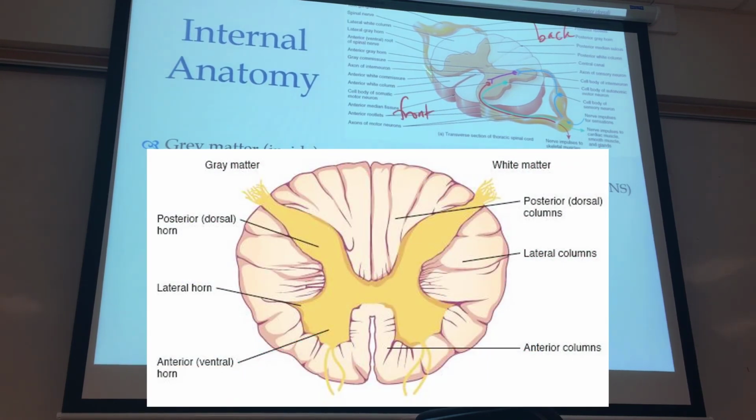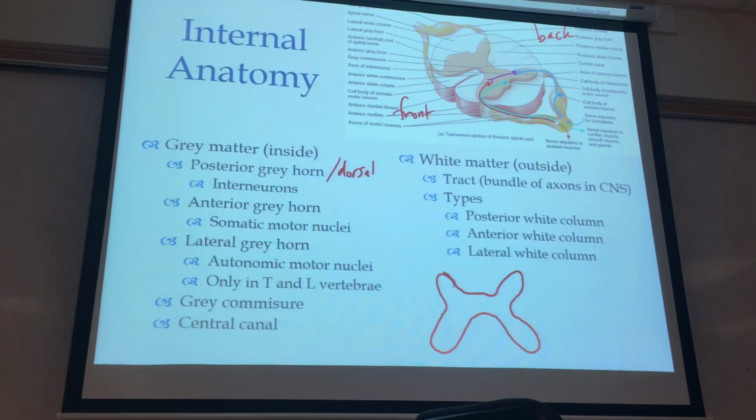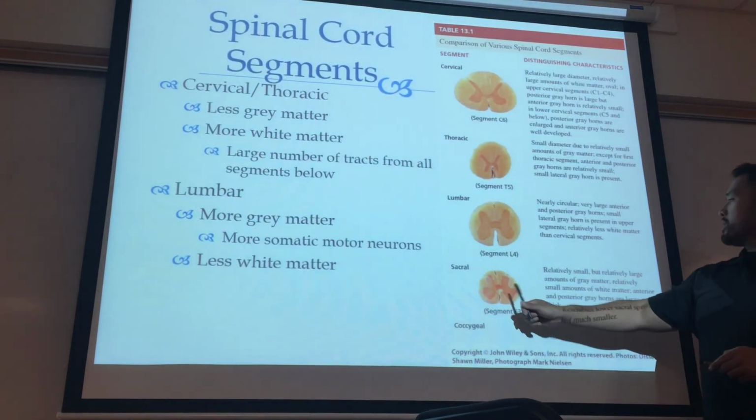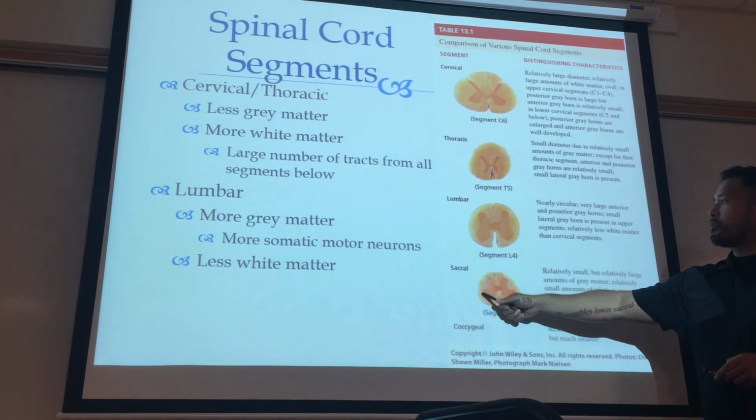So this would be the ventral gray horn or anterior gray horn. And then the next thing would be our lateral gray horn. So lateral gray horns are going to be these projections off the side that are fairly prominent. So typically you would see something like that on the side. Where you would see that on the last slide over, you'll see the sacral regions have a prominent lateral gray horn in that area.